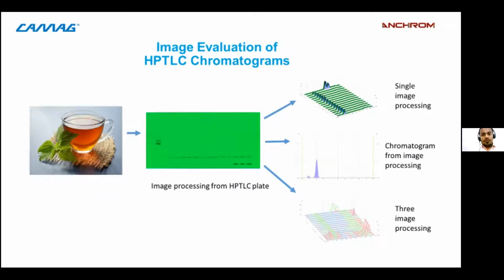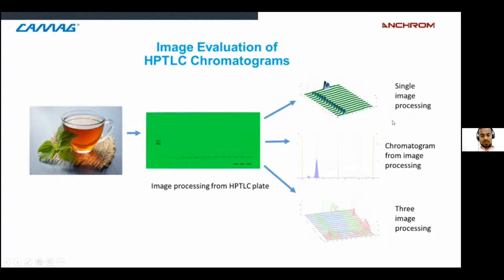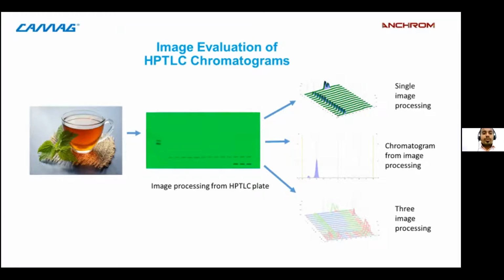From the visualizer plate image, you can get the peak profile. If the image is taken in three different illuminations, you can get the three different illumination peak profiles simultaneously also. You can go for semi quantitative work by using this TLC visualizer tool.